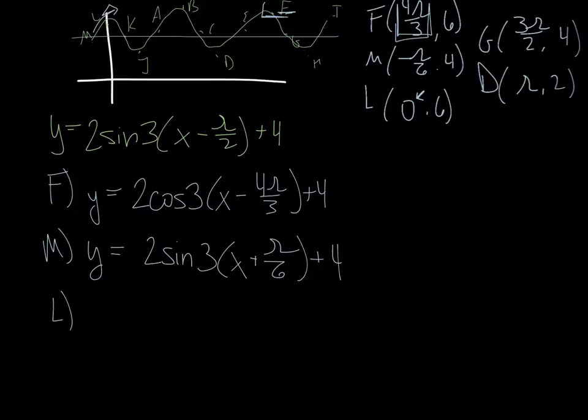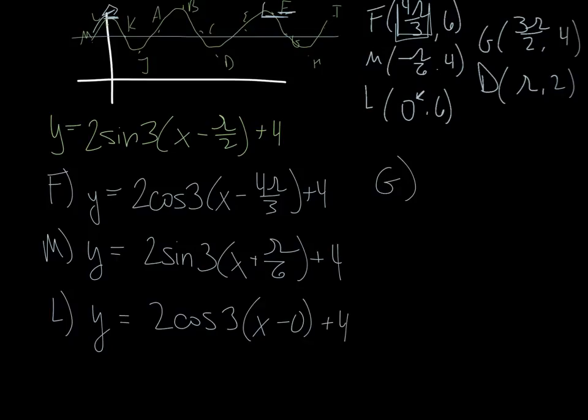So you want to use L. Y equals 2 times, where's L? L is right here, up at high. So starts high, goes low. That's a cosine graph. So 2 times cosine of 3 times x, its x coordinate is 0. So you can leave it just 3x or minus 0, plus 4.